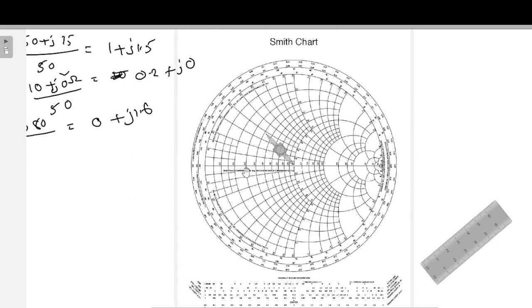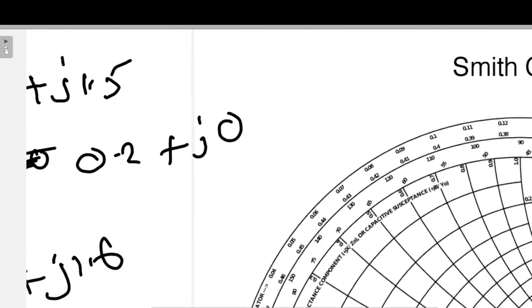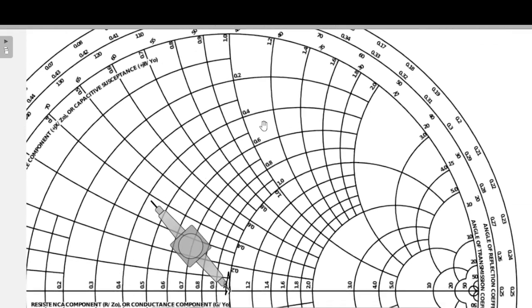To locate that I need to find the resistance 1 circle, which is this one. J1.5 will be coming here: 1.4 is here, 1.6 is here, so in between them J1.5 will be there, and the resistance 1 circle is coming here. So this will be the first point, the answer to the first one, 1 plus J1.5.